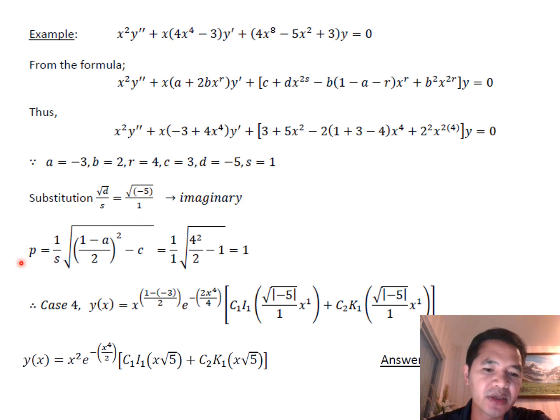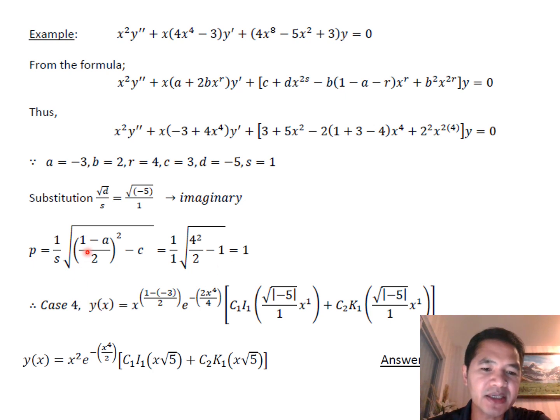Then p is equal to 1 over s times the square root of, minus a over 2, squared, minus 3. When you substitute all these values, you get 1. So p equals 1 in this case.